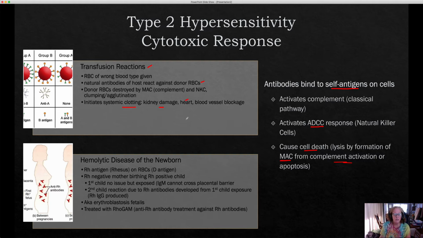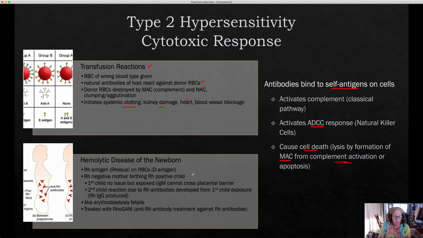They can also get into small vessels of the heart and cause venous damage in the heart, blood vessel blockage, clots, stroke. All of that can happen, and happen very quickly. It's actually a very rapid response because the antibodies are already in the bloodstream. You are transfusing a large amount of antigen directly into the circulatory system that already contains a high number of antibodies against it. So this reaction will be very quick.